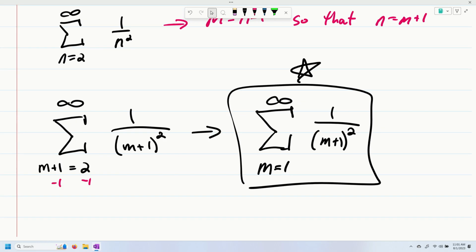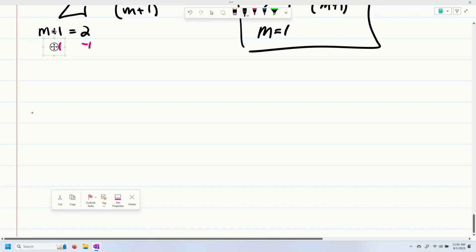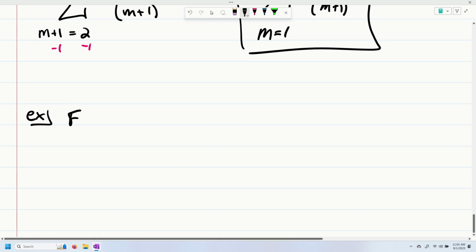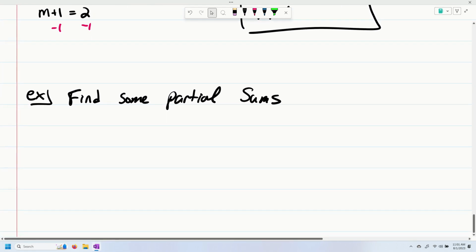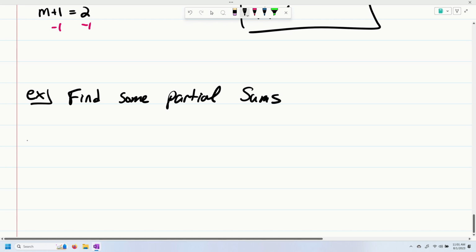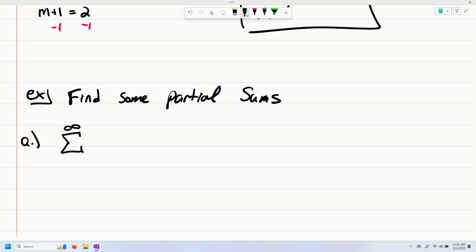So the first thing I want to do, though, let's find some partial sums. So for example, we're going to look at the summation from n equals 1 to infinity of n over n plus 1.